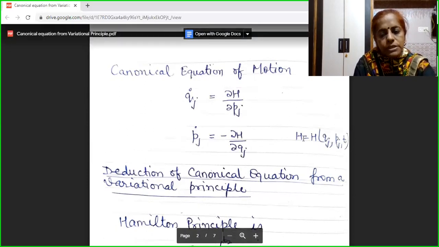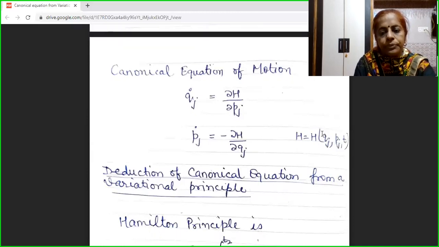This Hamiltonian of the system depends on Qj, Pj and T. Qj is the generalized coordinate, Pj the generalized momenta, T is the time.